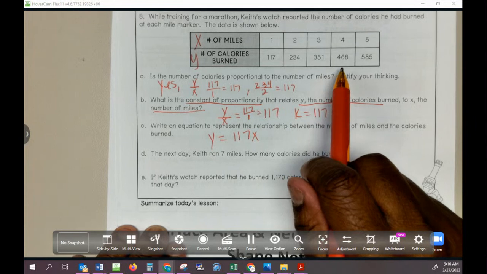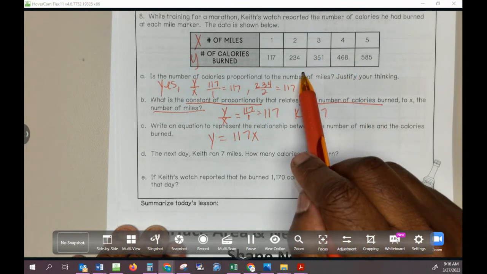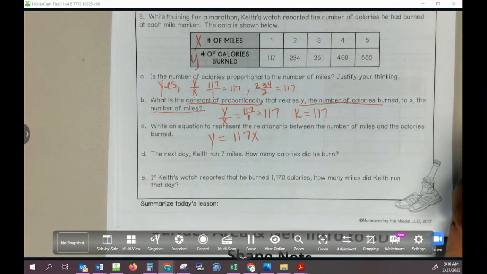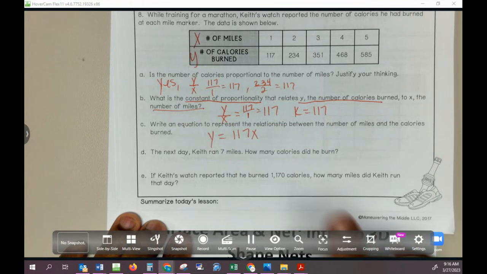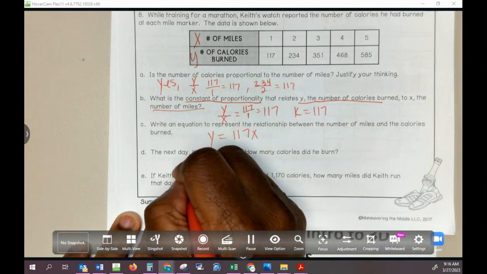Okay, I love that he did something different. He saw 5 miles and 2 miles and added them together. That's a great way to get 819. Another way is we can use the formula that we created, our equation.